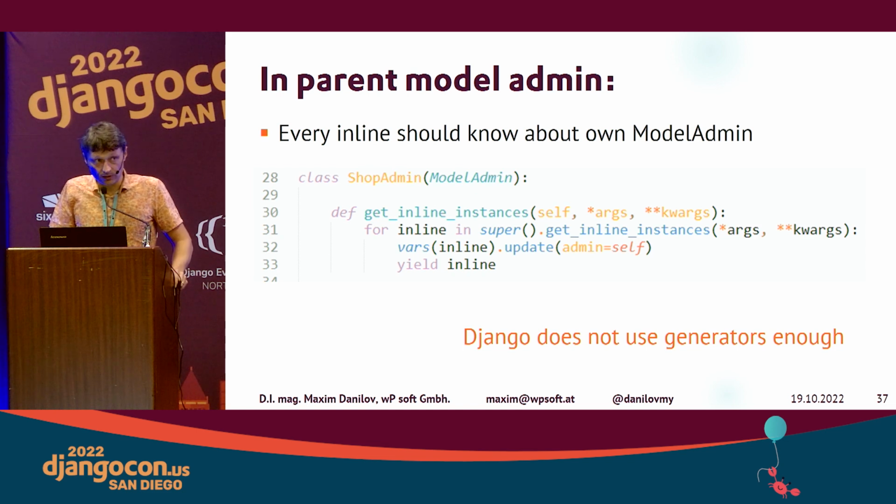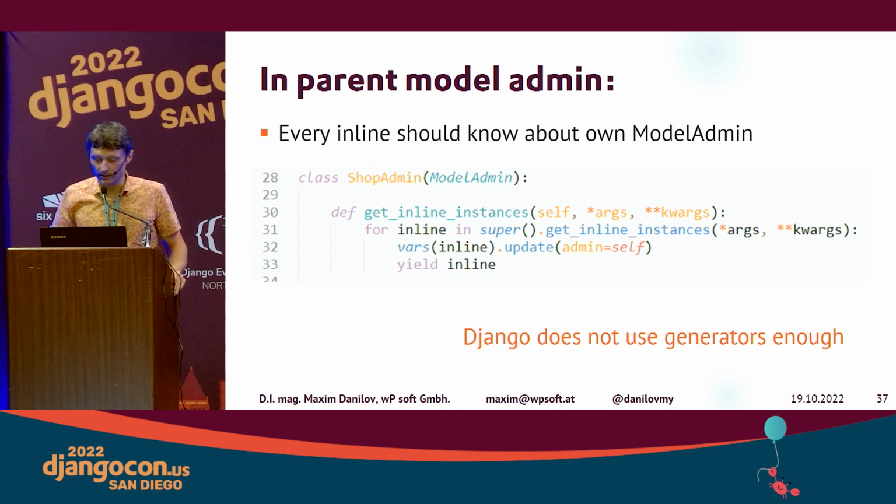I use it with this generator, and in django.contrib.admin we have around 680 for loops and only 70 yields or generators. It's not enough. We can make our model admin faster if we start to use generator, but don't matter right now about inlines in inlines.